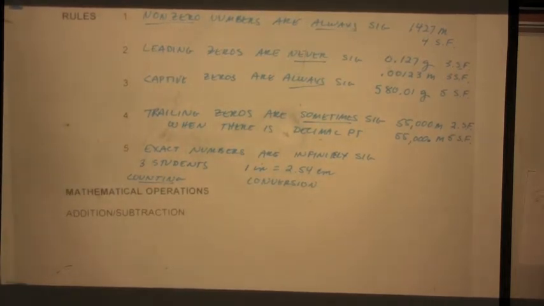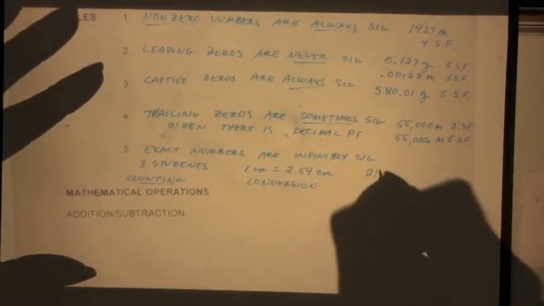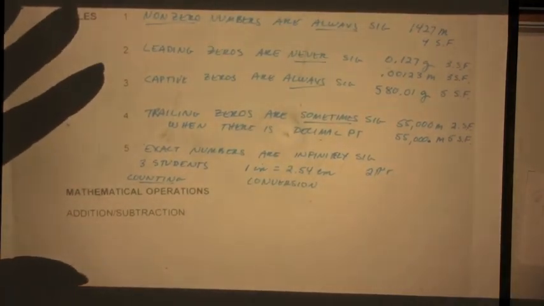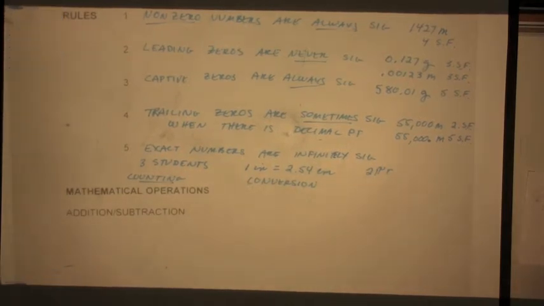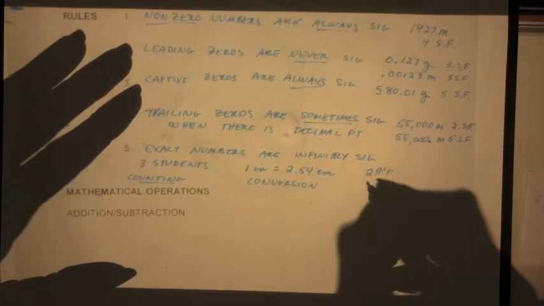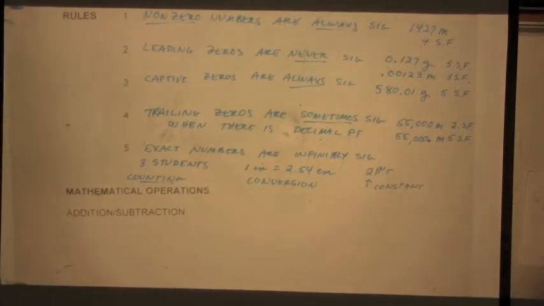Then when you have a constant, for example, 2 pi r. Anybody know what that is? Yeah, that's the formula for finding the circumference of a circle. This is a constant value there. When you're using a constant, that also is considered an exact number, so you have an infinite number of sig figs.